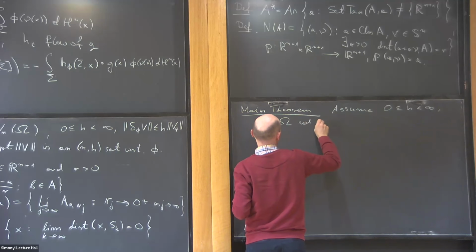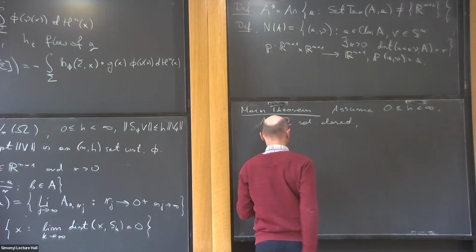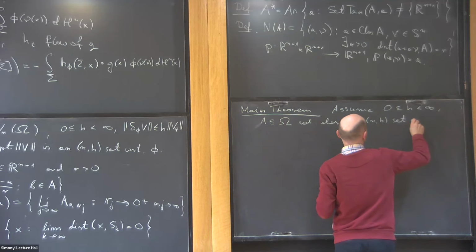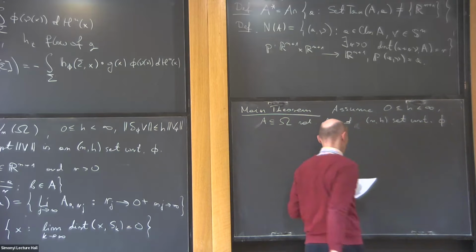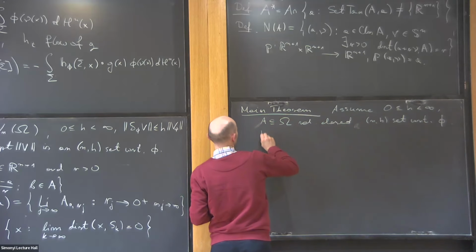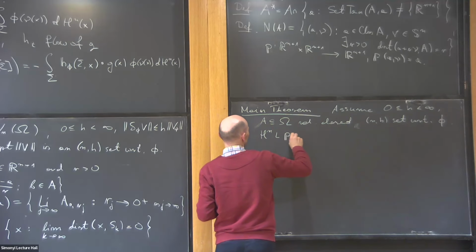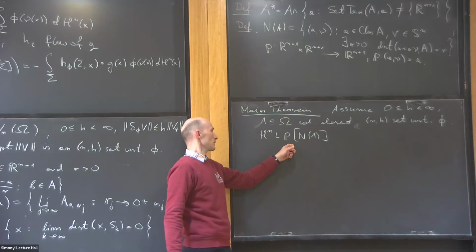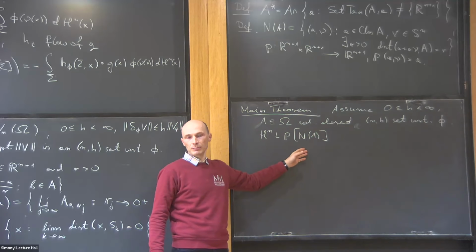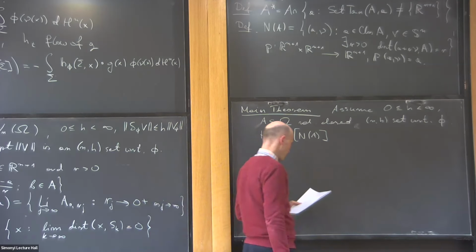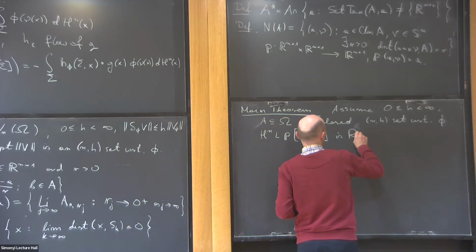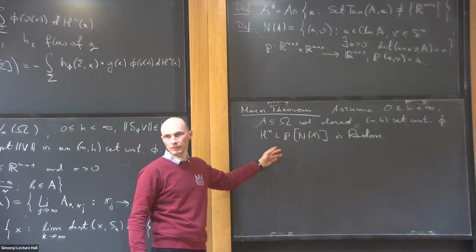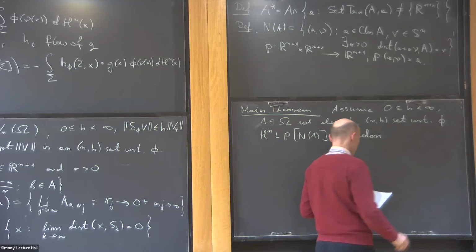It's relatively closed and an H set with respect to phi. And we assume that the Hausdorff measure restricted to the projection of the normal bundle to the first coordinate, so this set is exactly the set of points of A which can be touched by a ball, is Radon. And Radon means, in other words, that it has locally finite H measure.